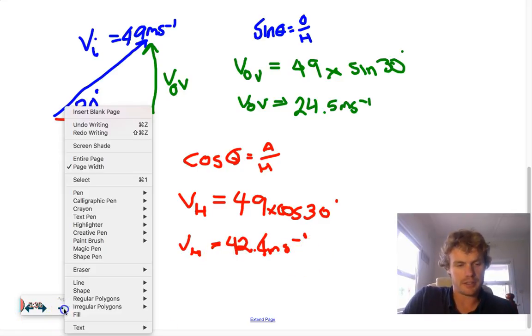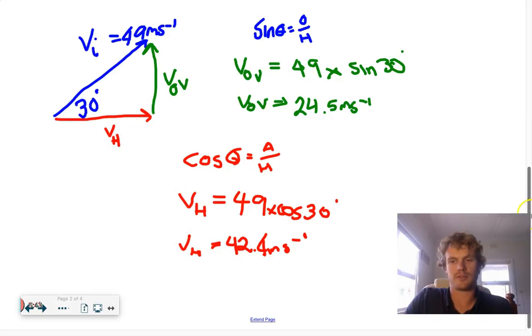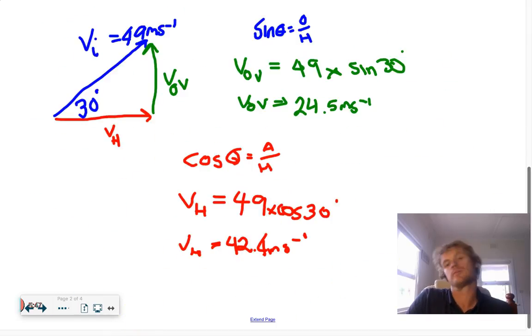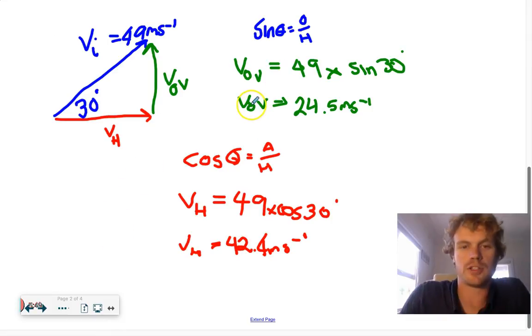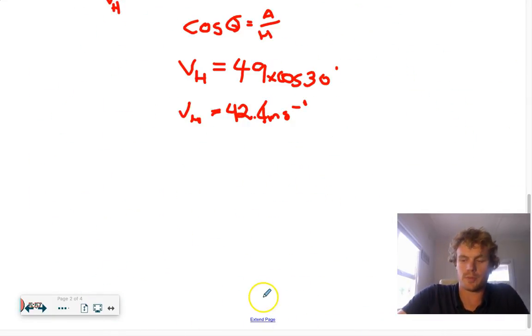So now I need to use the information I got from my vertical to calculate the time of flight. I now know my initial velocity in the vertical component, I know the acceleration due to gravity, and I can chuck that information into this formula here.